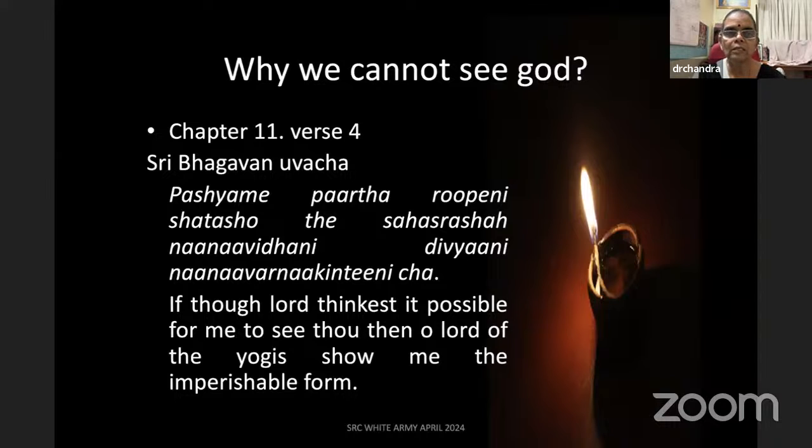So now let us see why we cannot see God. I said our vision is restricted to 2 dimensions, and the third dimension is a construction by the constancy principle. It is said, "If Thou thinkest it possible for me to see Thee, then O Lord of yogis, show me the imperishable form."